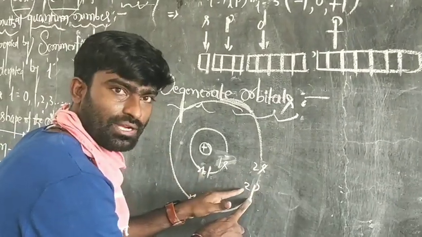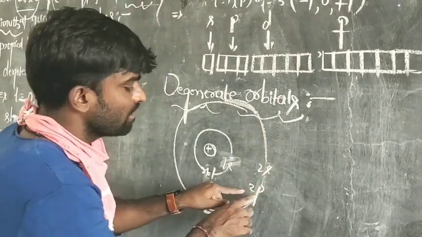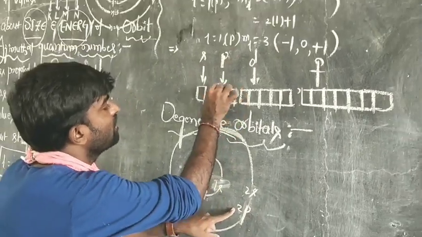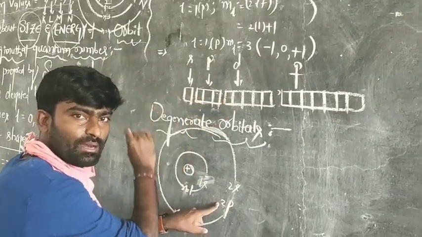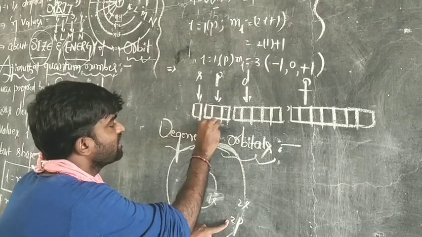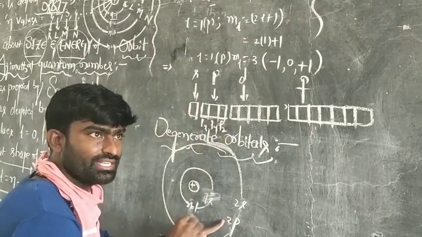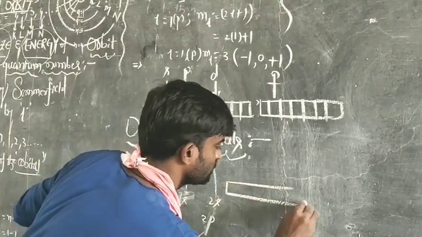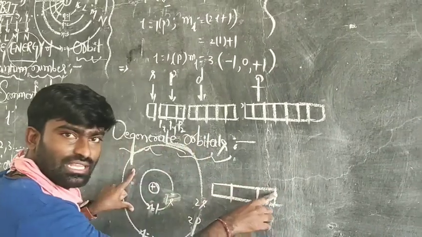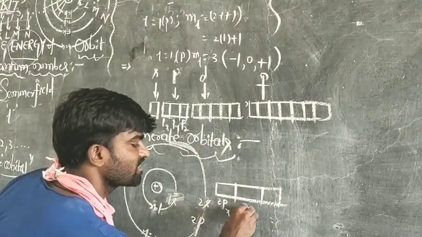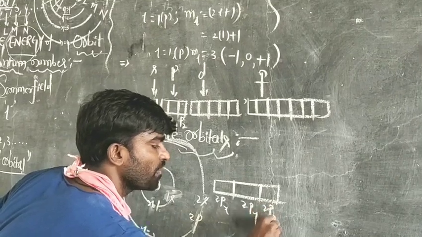So how many subshells are present in the p orbital? 3 orbitals. They are px, py, pz. See here: 1, 2, 3, 2px, 2py, 2pz.